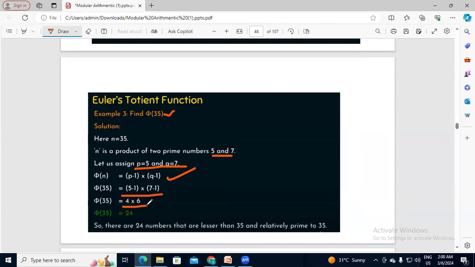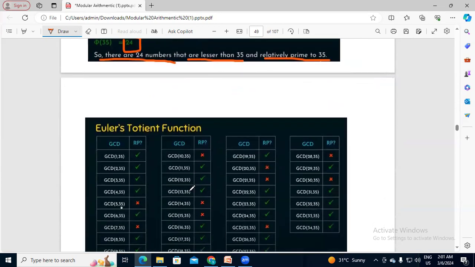That's how you get 4 into 6, 5 minus 1 into 7 minus 1, which is 24. This is the shortcut method. So what does this number indicate? It indicates there are 24 numbers that are less than 35 and relatively prime to 35. I hope it is clear to you.